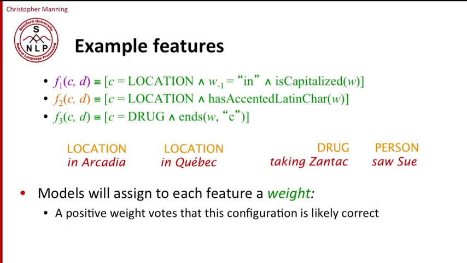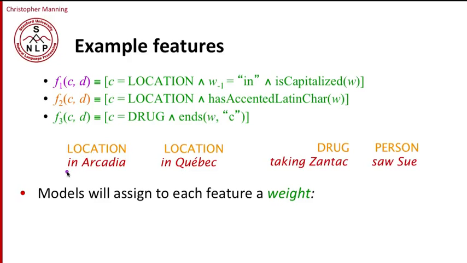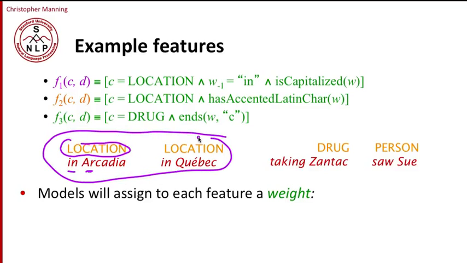It's the kind of thing that happens in real text. So for feature 1, if the preceding word is "in" and the word is capitalized, that's indeed a good indicator that the word is a location. So for feature 1 that matches these two pieces of data, we'd expect it to have a positive weight.